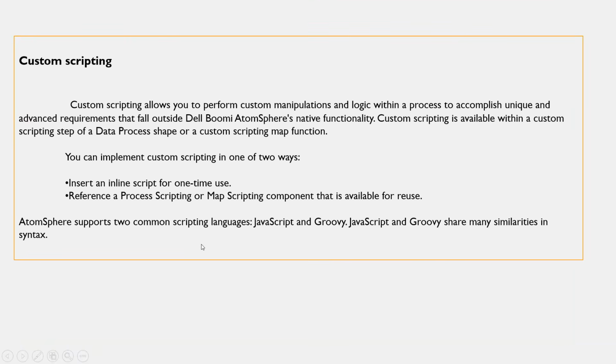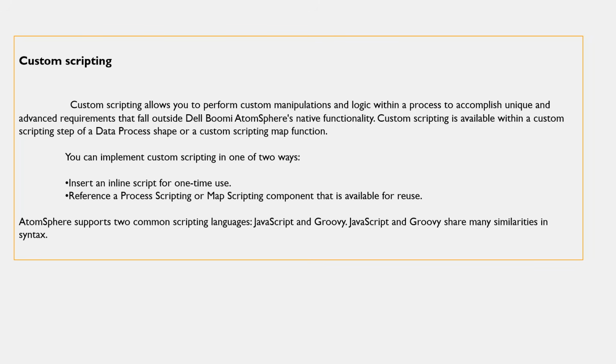And then custom scripting. Custom scripting allows you to perform custom manipulations and logic within a process to accomplish unique and advanced requirements that fall outside Boomi AtomSphere's native functionality. Custom scripting is available with a custom scripting step of a data process shape or a custom scripting map function.